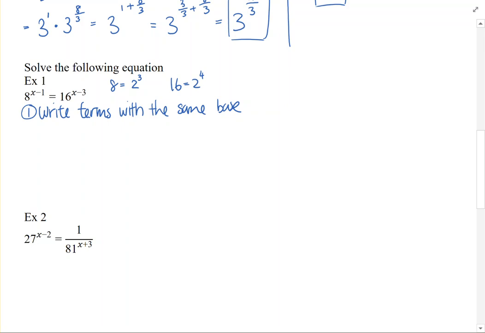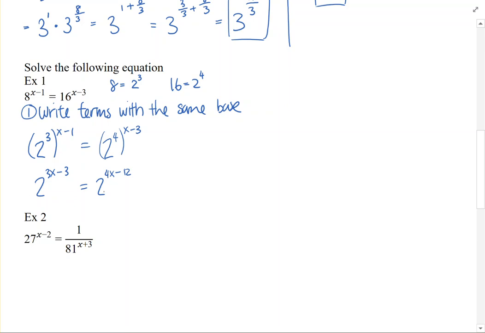So if we rewrite that, 2 to the power of 3 times x minus 1 equals 2 to the power of 4 times x minus 3. Again, exponents to the exponent, you'll multiply them. So we have 2 to the 3x minus 3 equals 2 to the 4x minus 12.